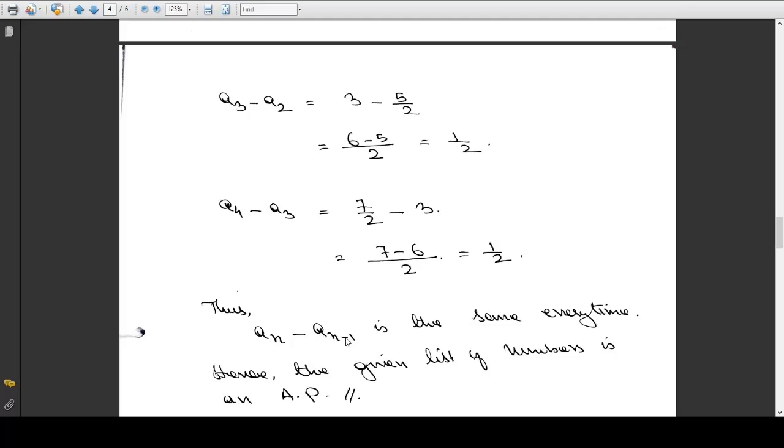A2 minus a1 is the same every time. Okay, simply if you write this, or you write in the first case a(n-1) minus a(n).